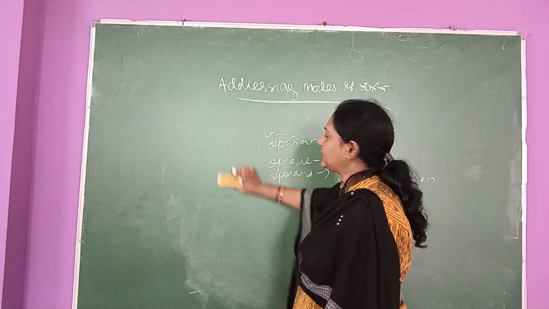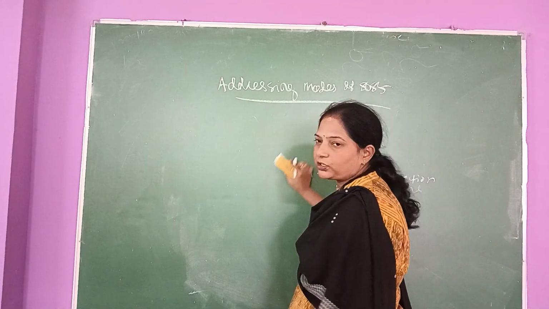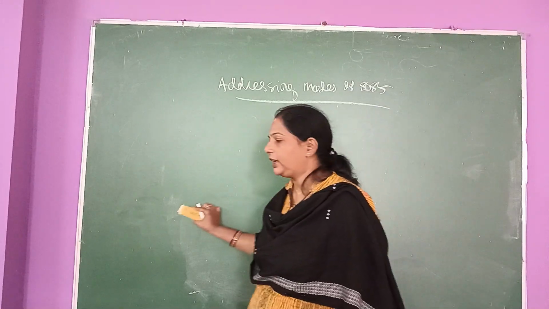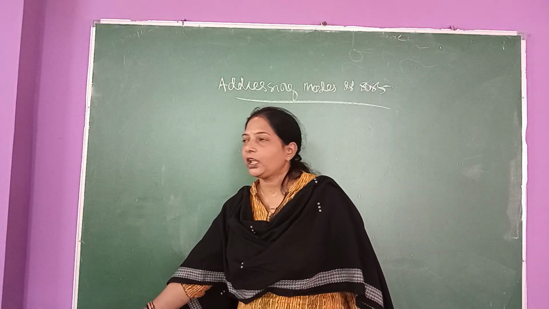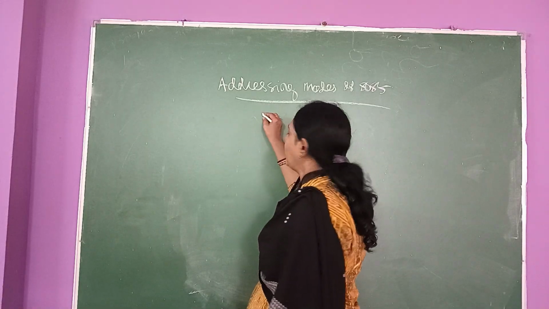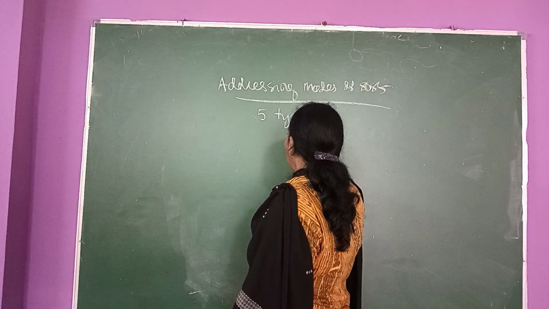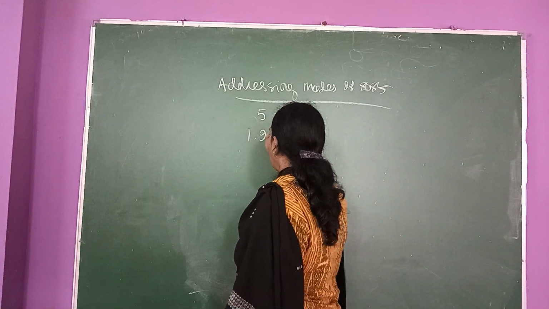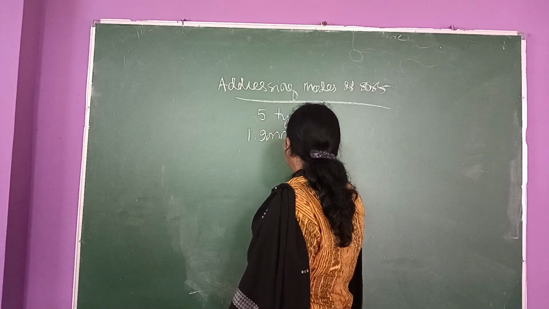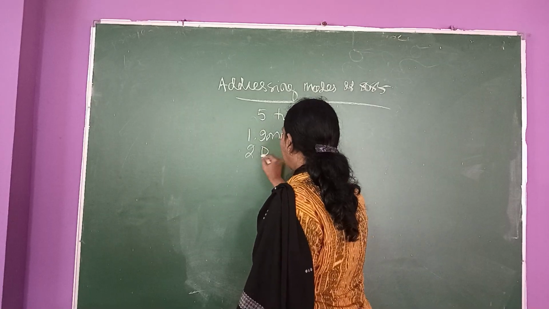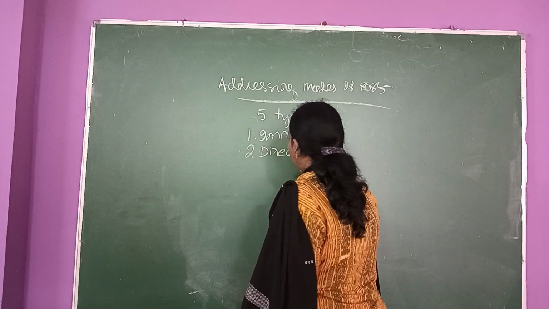as addressing modes. So addressing modes are nothing but the various techniques in which the operand in an instruction can be specified. The addressing modes of 8085 can be divided into 5 types. First one is immediate addressing mode. Second one is direct addressing mode.